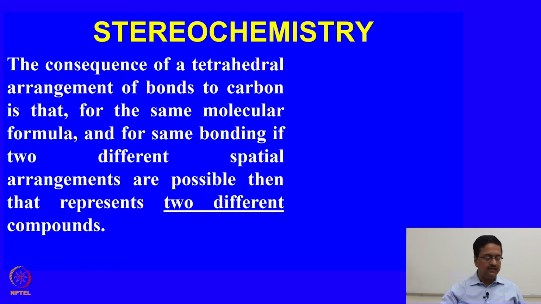So, for example, I have two molecules here formed by four different groups, and if you look, these two molecules are the same because they can be superimposed on one another. But if I do a replacement of one pair of bonds and connect them in a different way, then these two molecules will be different.